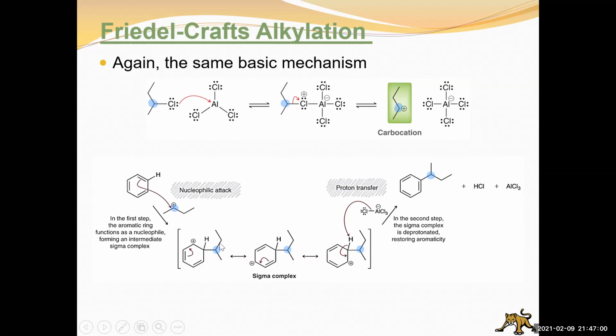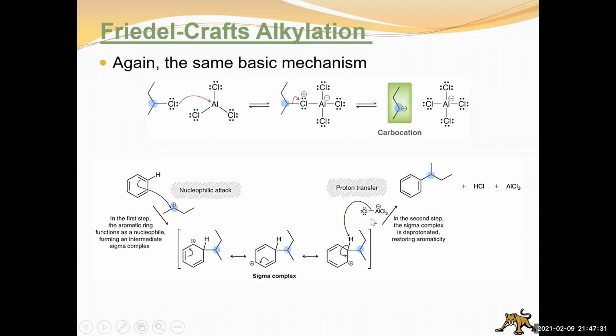Form the sigma complex, know where the resonance arrows go, and then do a proton transfer in the end, right? This has a negative charge on this tetrachloroaluminate. So come pick up a proton and we'll detach it to make a pseudo HCl, right? That's a strong acid. It's not going to stay together. But this is OChem, and in OChem, they'll often show that in the molecular form, even though that's 100% ionized in solution.